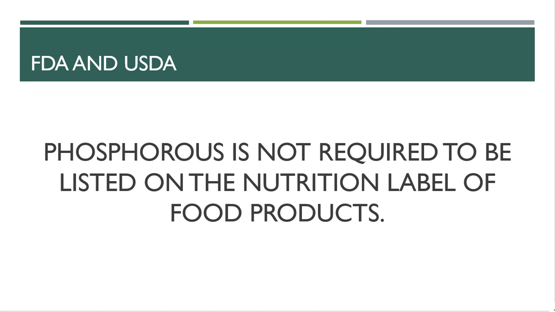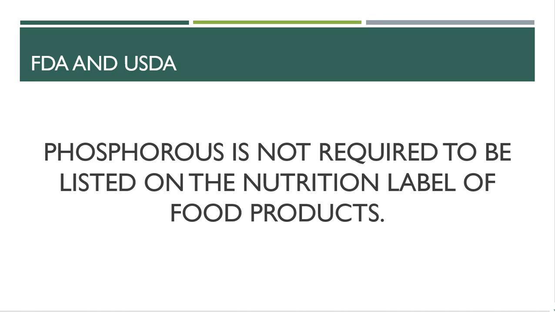Many times they'll put it in the ingredient list, but they will never put phosphorus on the nutritional label. So if you are looking for products that have very low phosphate for a number of different reasons, you will not look at the nutrition label to judge this. You have to look at the ingredient label.